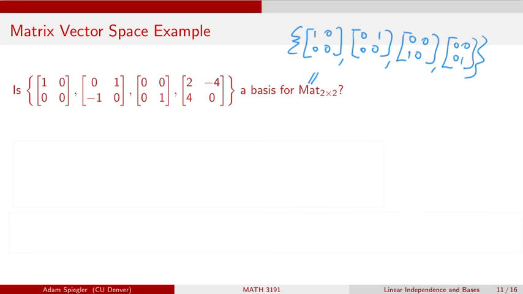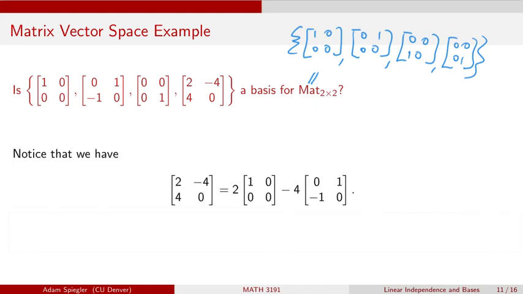It has the same number of vectors as the standard basis that we identified, but are these matrices linearly independent from each other? And again, the answer is no in this case, because notice this very last matrix in our set, with 2, minus 4 in the top row and 4, 0 in the bottom row.